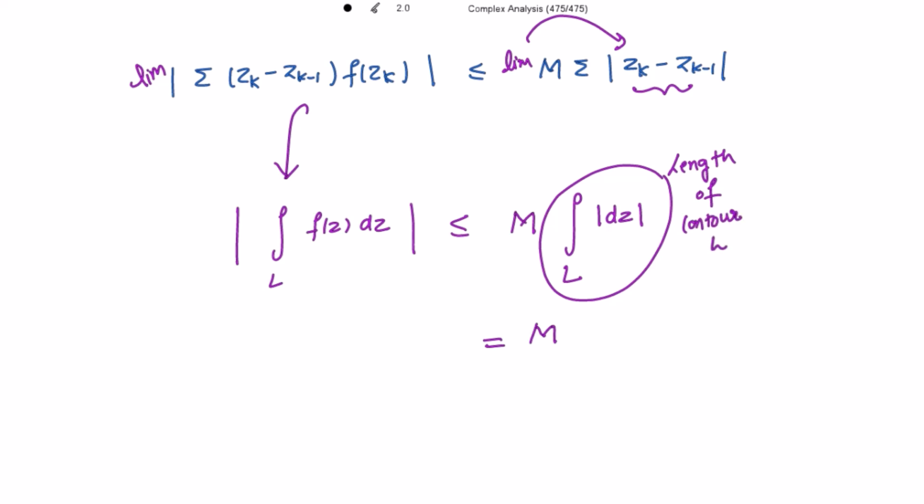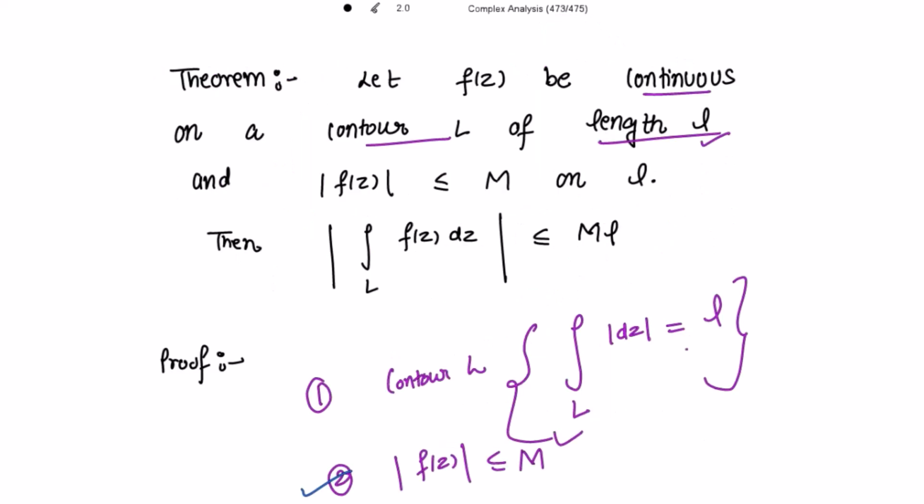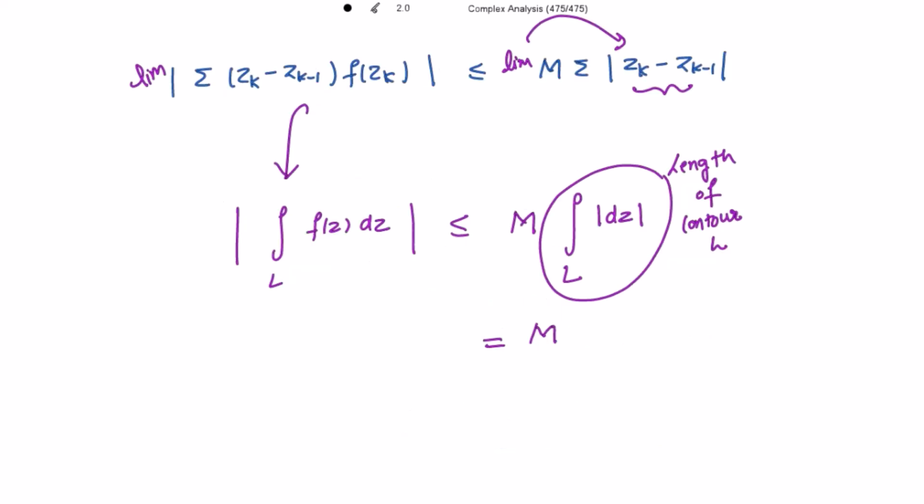You can also note as a remark that the length of the contour L is the integral of mod dz over L, and this is given as small l. So we have shown that the mod of the integral of f(z) dz over L is less than or equal to capital M into the length of the contour L.